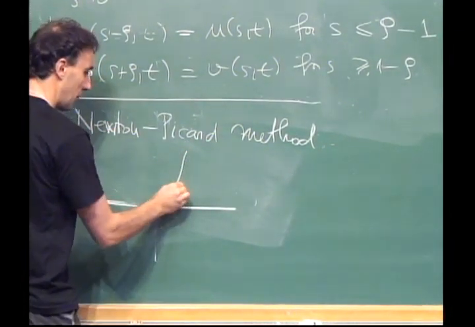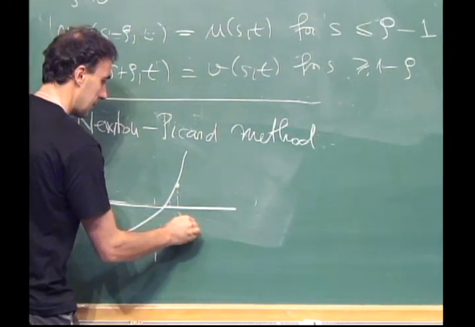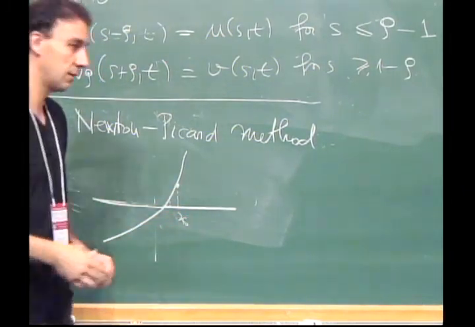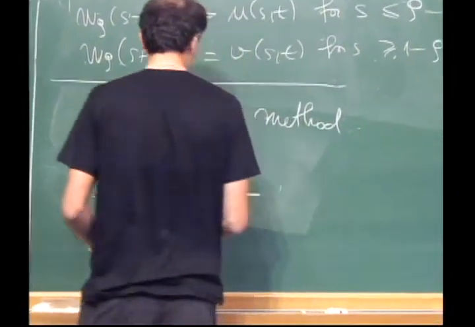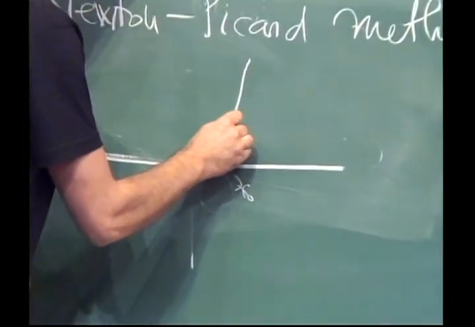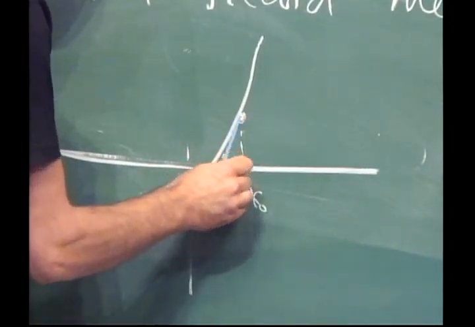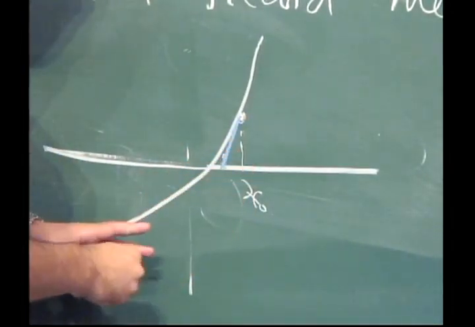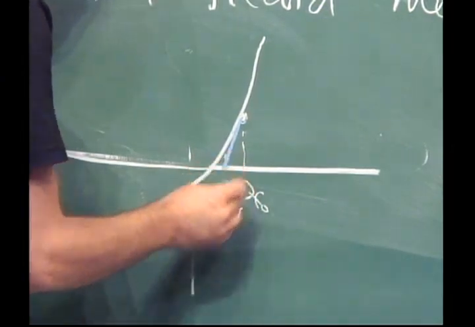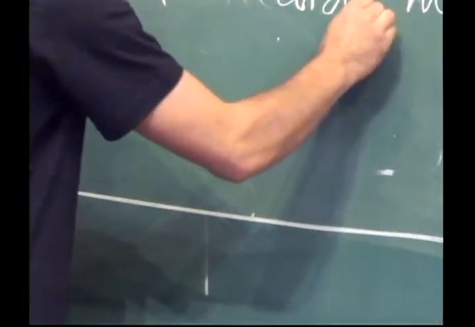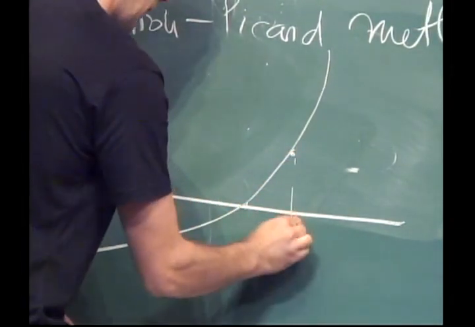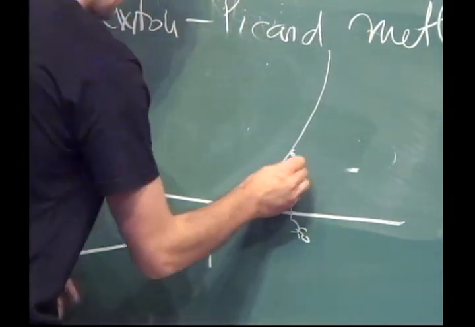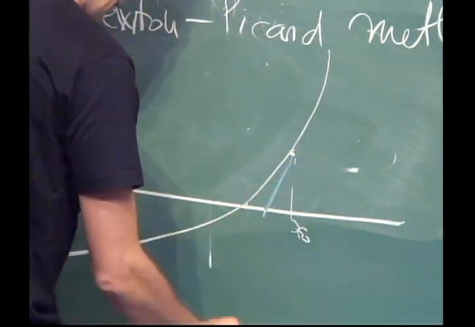So you start from some point here, x0, the approximate solution, and then you take the tangent here, and you find the point x1.